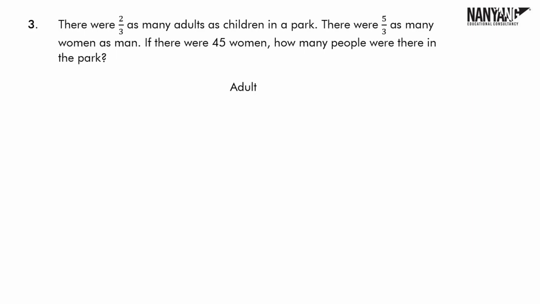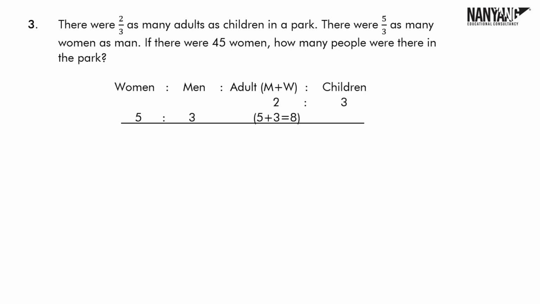Alright, so let's start with writing down the ratio of adults to children. That should be 2:3. Next, the question also tells us the ratio between women and men is 5:3. So how do we combine this ratio? We actually need to notice that the adults equals women plus men.